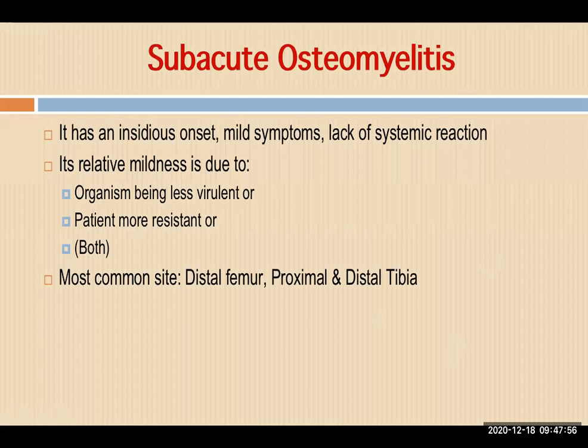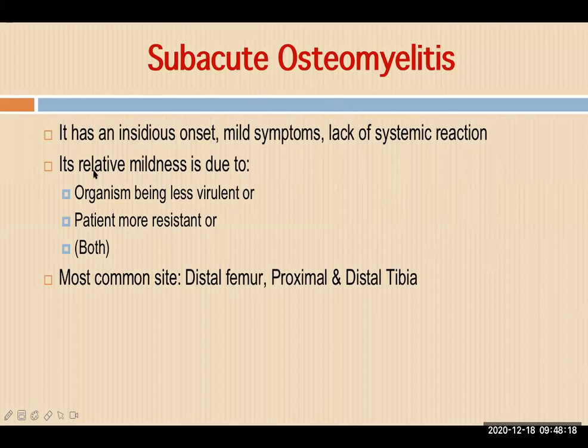So subacute osteomyelitis has an insidious onset, mild symptoms, and there is usually a lack of systemic reaction. It means the person doesn't have fever, doesn't have high grade fever and other systemic reactions. They just have some local problem in the bone.